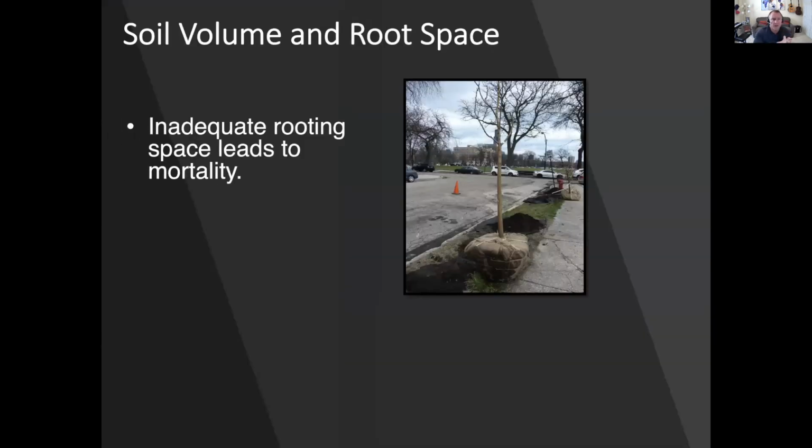But really what it comes down to is that rooting volume and that soil volume that I look at more critically now than anything based on current research. Basically what it comes down to is that inadequate rooting space or soil volume will lead to mortality.